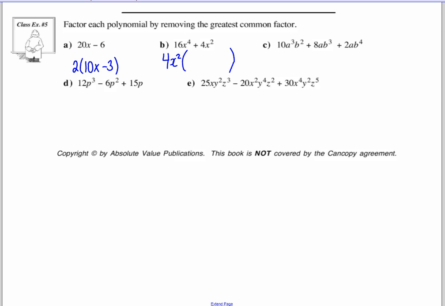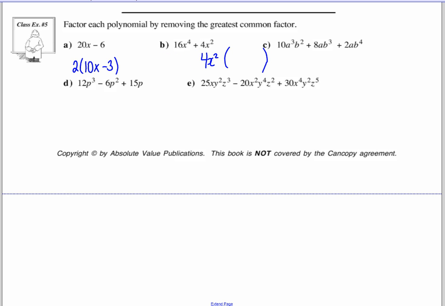Okay, hold on, folks. We're asking ourselves, what can we pull out of both? Looking at this, 16 and 4, the largest number I can divide both of those by is 4. Okay, so you have an x to the 4 and an x squared.